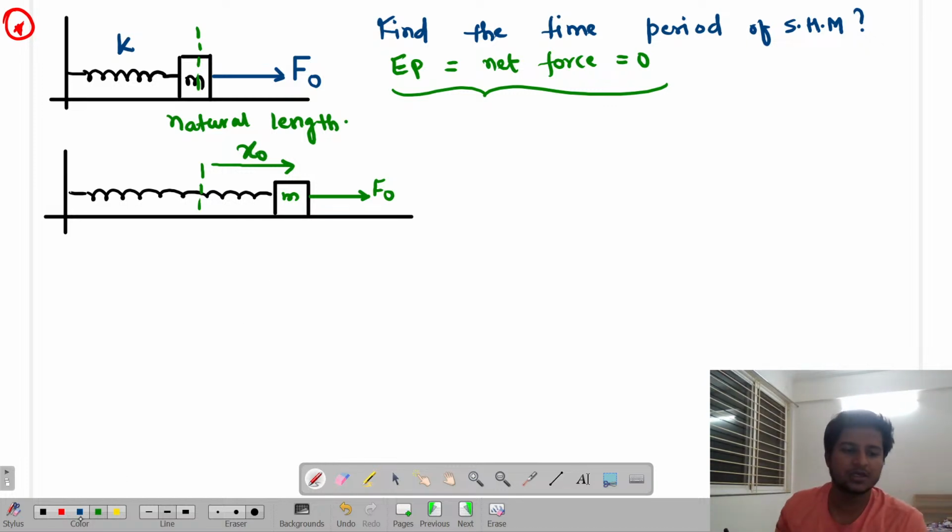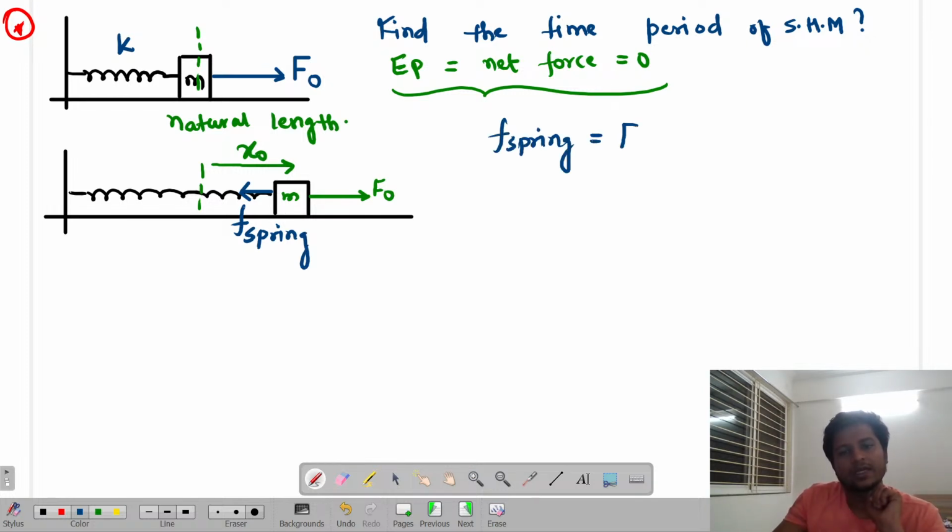And over here another force must be present. एक ऐसा force होगा that must be present in the opposite direction, which we call the spring force. क्या बोलते हैं इसे अपन? And over here this spring force balances the external force. If not, then we call this the equilibrium point.